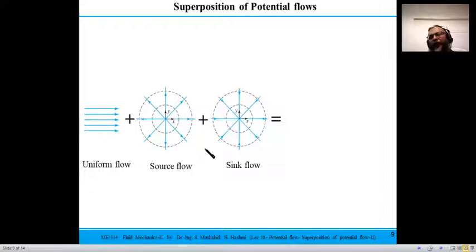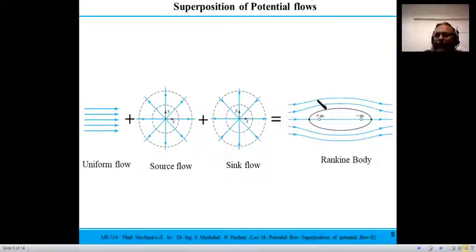So can you predict now what will happen if you have a superposition of uniform flow, source flow, and sink flow as well? Take a pause and try to answer this. Try to draw the flow pattern. Okay, I'll show you the answer now. The answer is that this would simulate a body shaped like this.